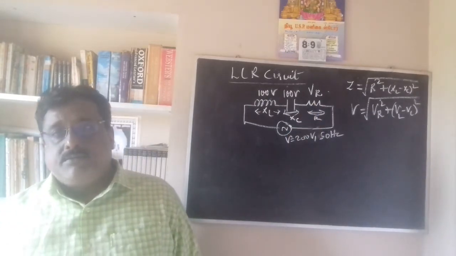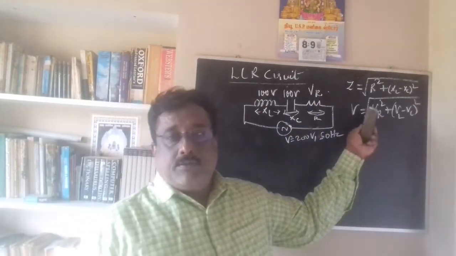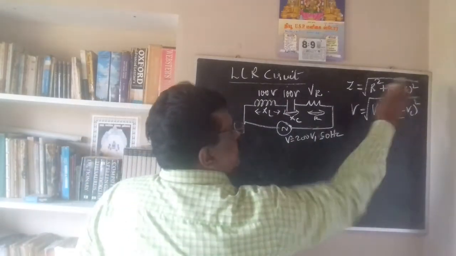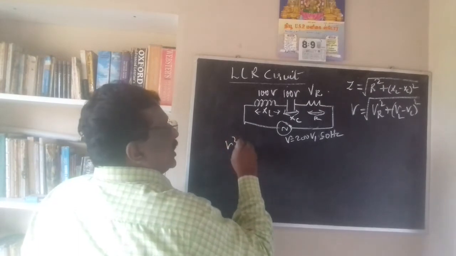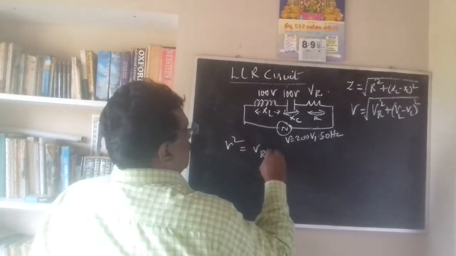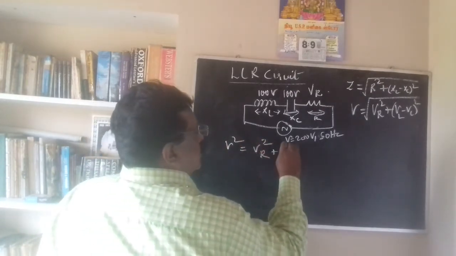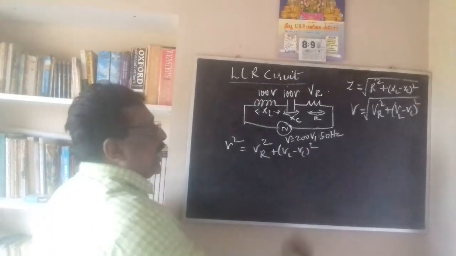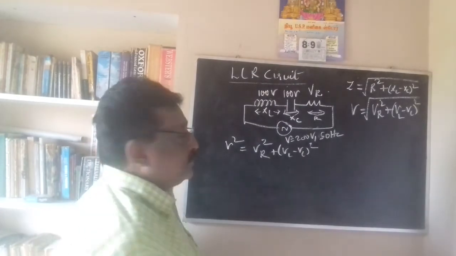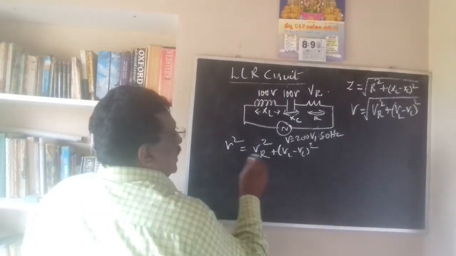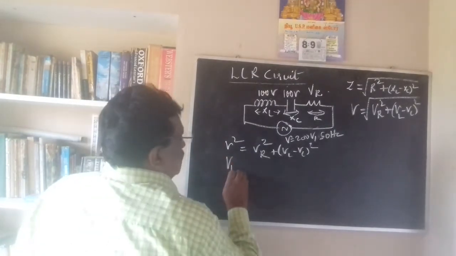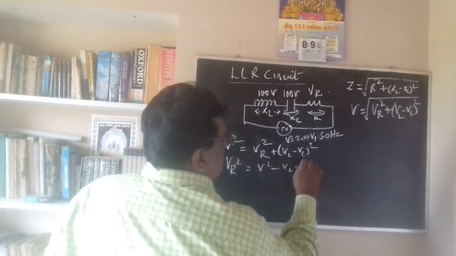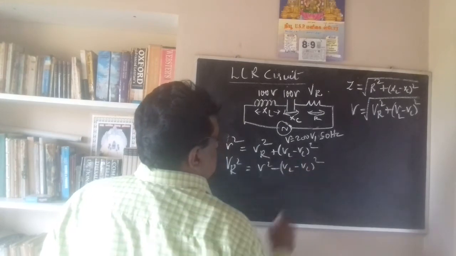How to find it? You have to use this formula. You just square it. You will get V square is equal to VR square plus VL minus VC the whole square. Now substitute the values, taking VR to one side. So VR square is equal to V square minus VL minus VC the whole square.